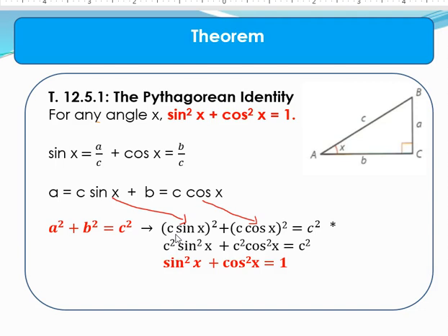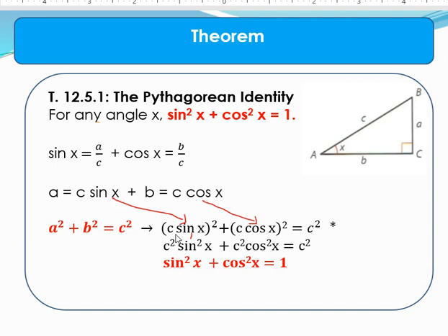Now we need to remember at this step that sine x squared equals sine squared x. So we make that conversion that I showed in the previous slide. We actually write it sine squared x instead of sine x squared. So that's all we're doing, converting this to the proper format and adding our square to the c. So take a look at that carefully. c times c will be c squared.